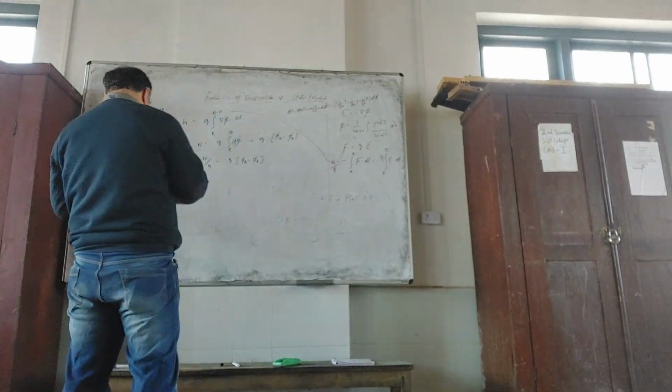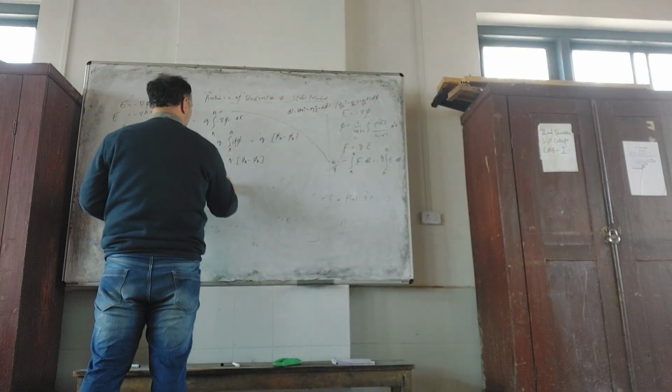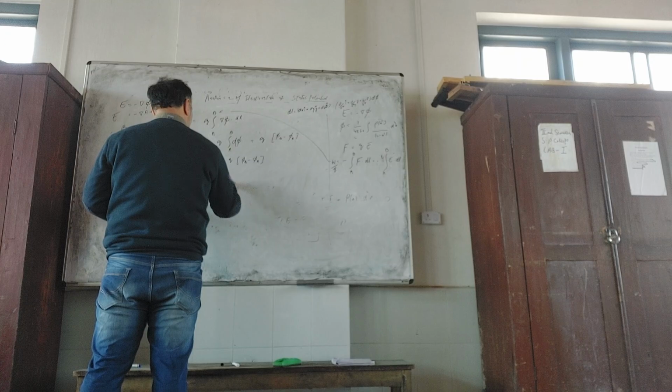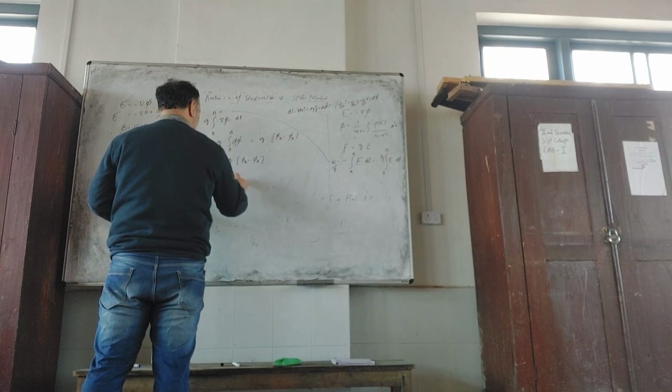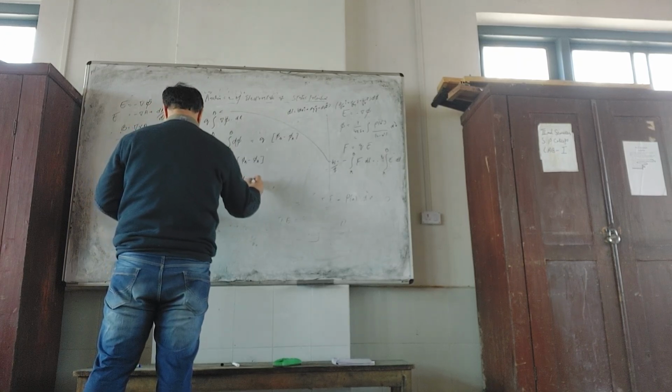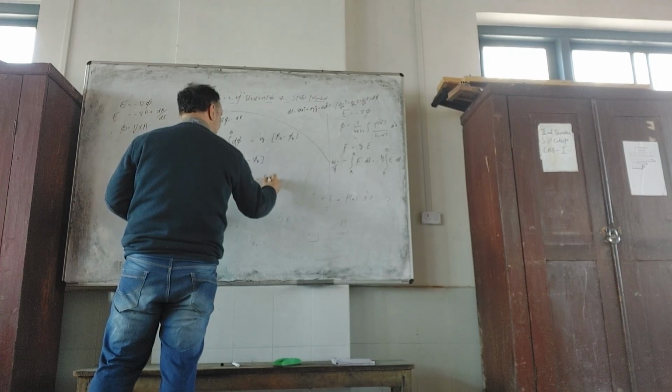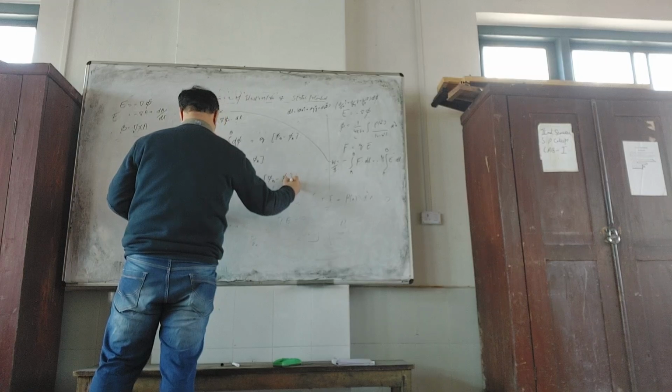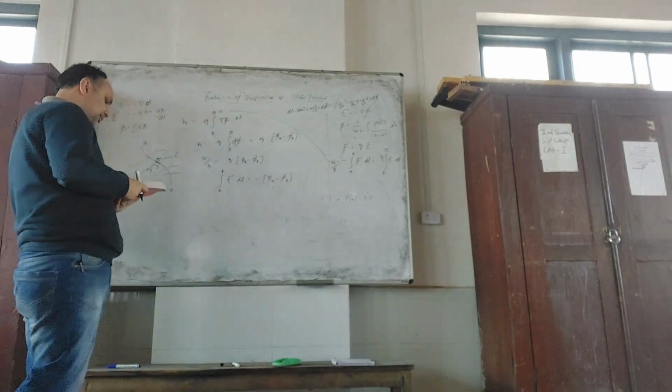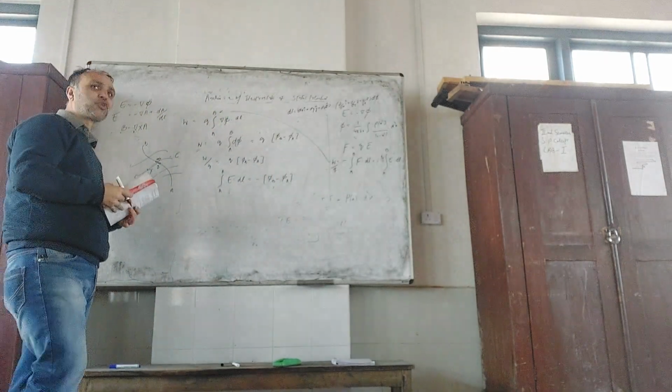We have got a particular definition of the line integral from point A to B of E dot dl, which is equal to phi B minus phi A. So this is what we have got.